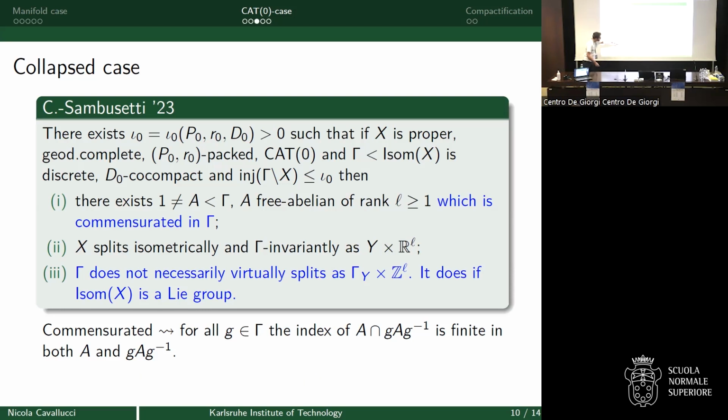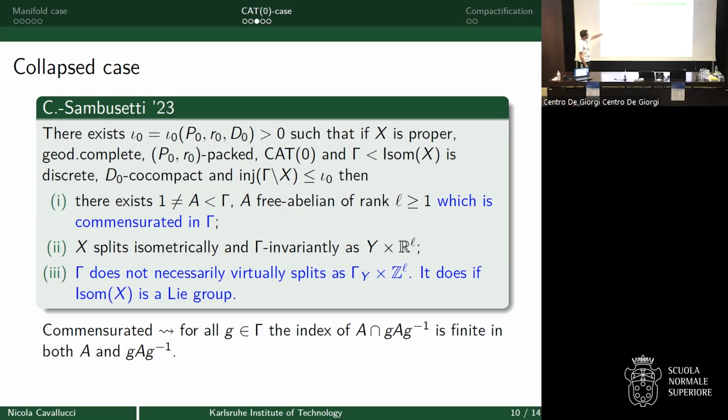Commensurated means that for every element g of the group, the index of A intersection gAg^-1 is finite in both these groups. If the index is 1, it is the normal condition, but this is more general, okay?